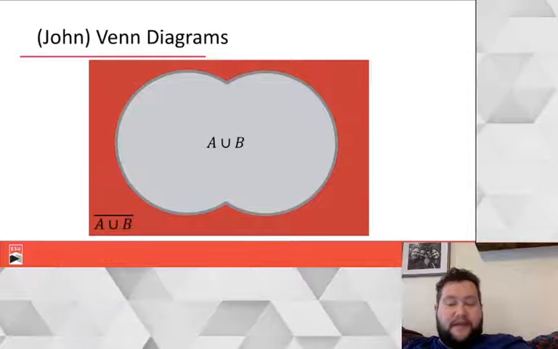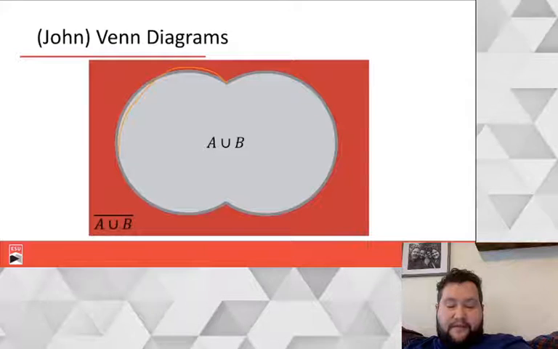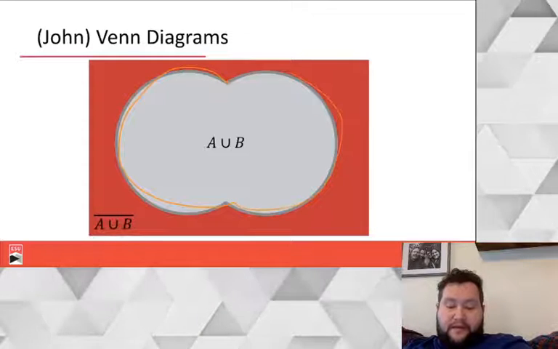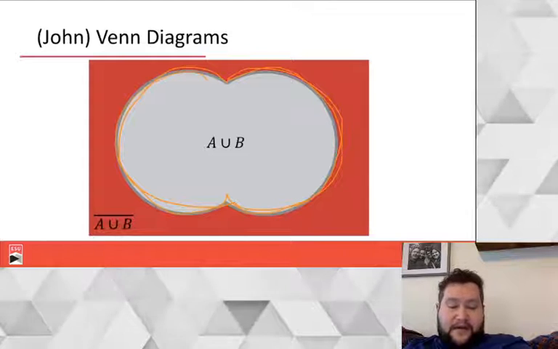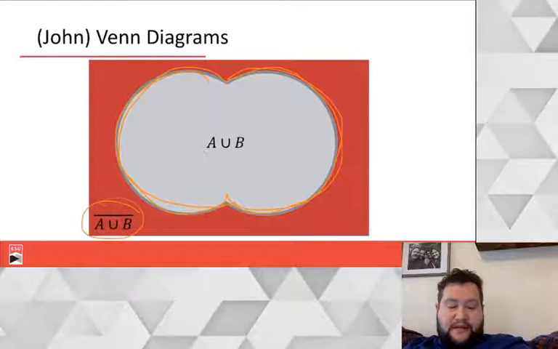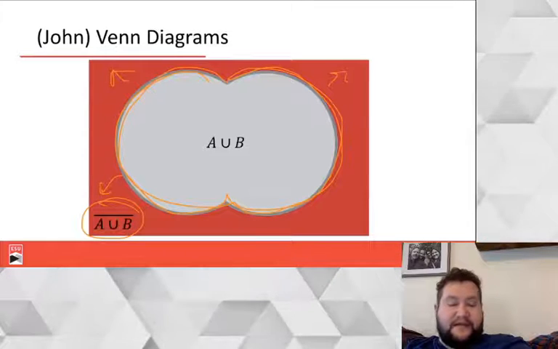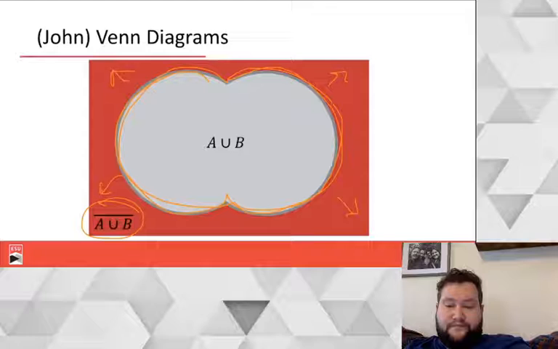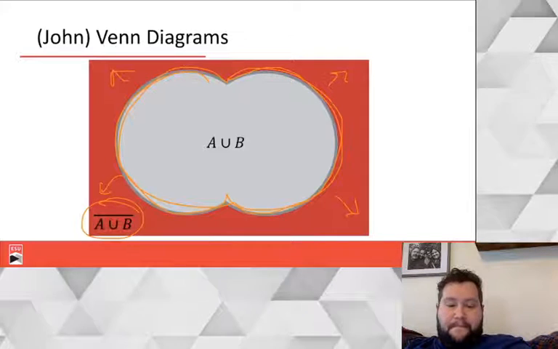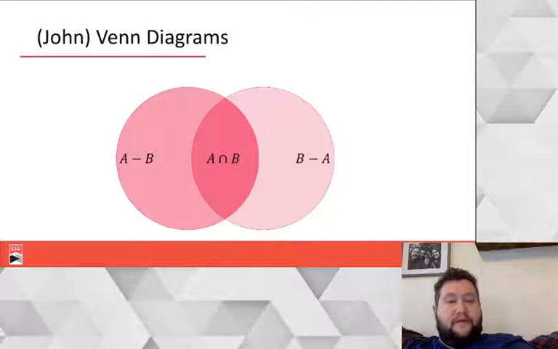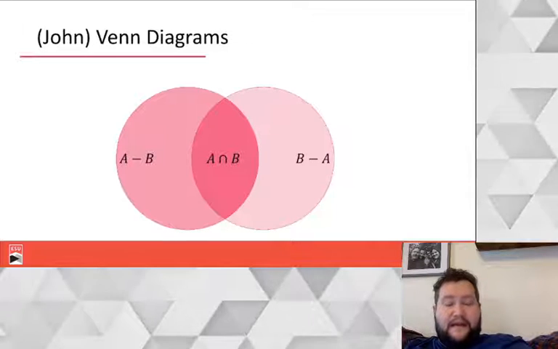And just like we can talk about A or B, the things that are in either, as long as our universe is well defined, we can talk about the complement. So those are the things on the outside. This part out here is not A or B, or the complement of A or B. And so I wrote these in on the previous slide, but so you have a nice, neat, clean copy.